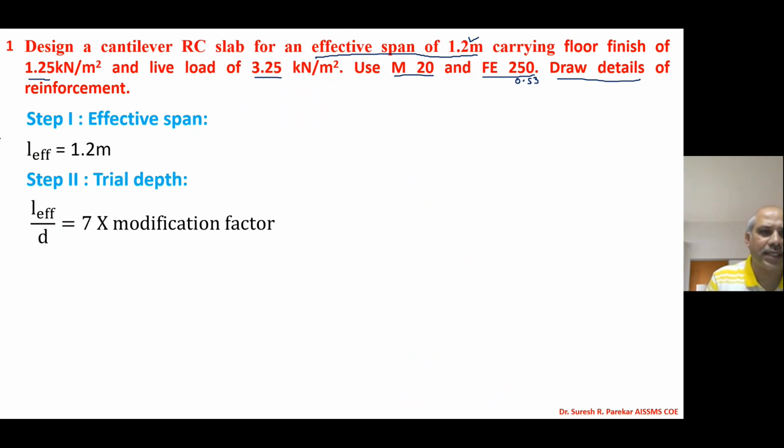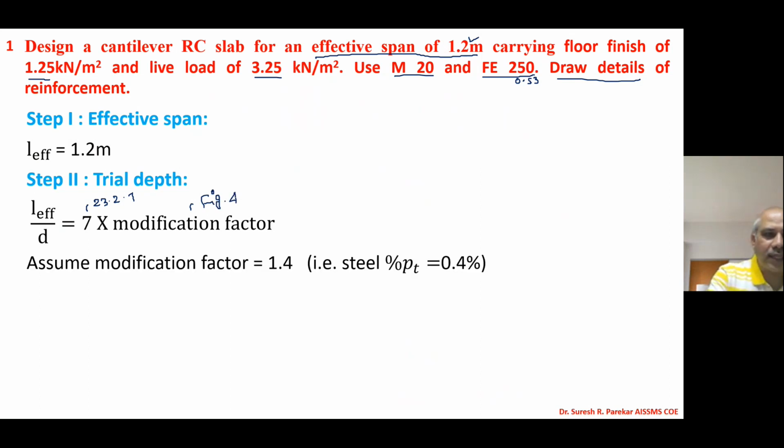We should know, in examination expected, you can write clause number 23.2.1. And modification factor we have to take from figure 4. So we have modification factor from figure 4.